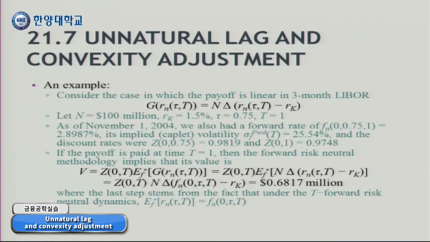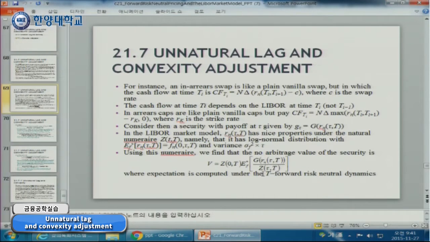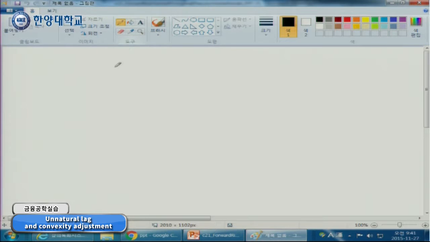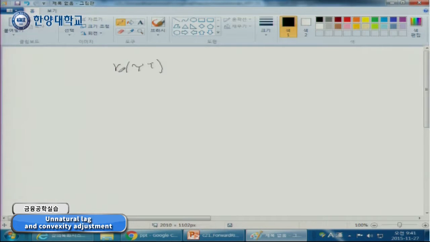Any question? Okay, for this one, suppose you simulate R_n(tau, T).